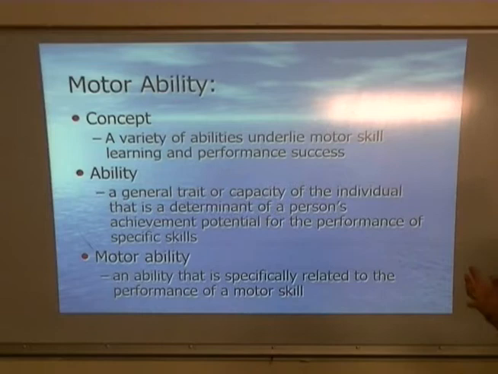So with regards to movement, it's an ability that is specifically foundational to the performance of a particular type of movement. Is it a power skill? Is it an endurance skill, for example?